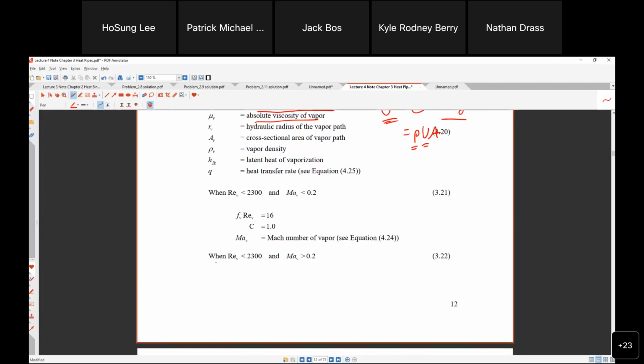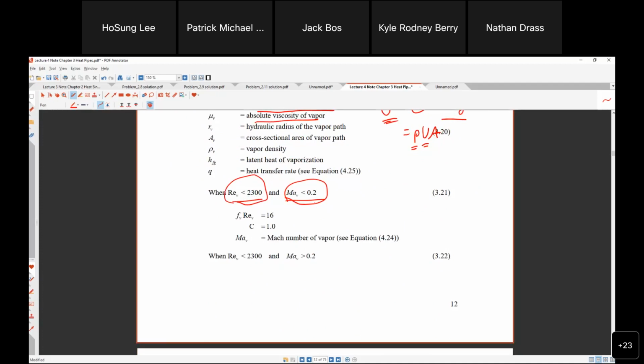We don't know, but if this is the case, Reynolds number is less than 2300. What is the flow pattern? Laminar. Yes. If laminar, what is the Mach number?